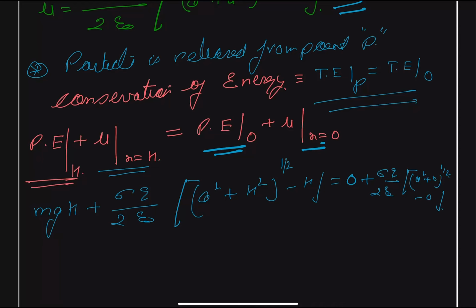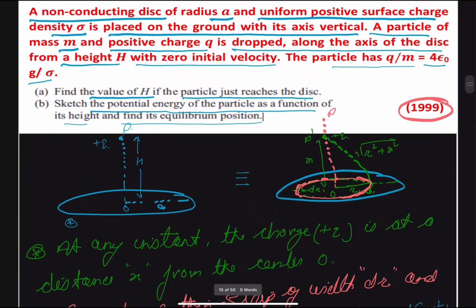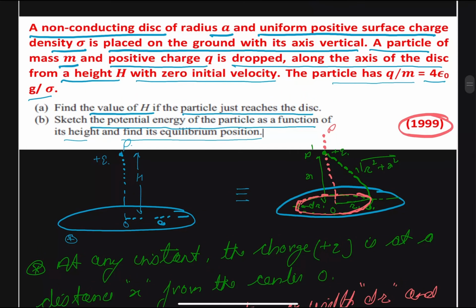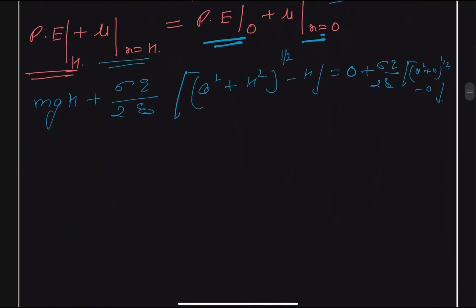We are already given the ratio of q upon m. Yeah, q upon m is given as 4 epsilon naught g upon sigma.